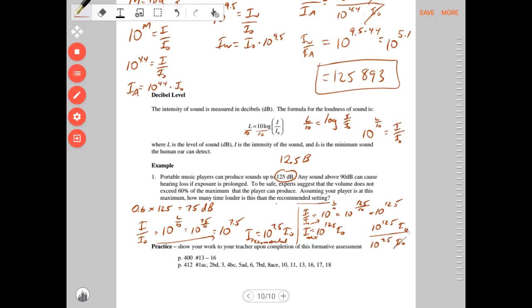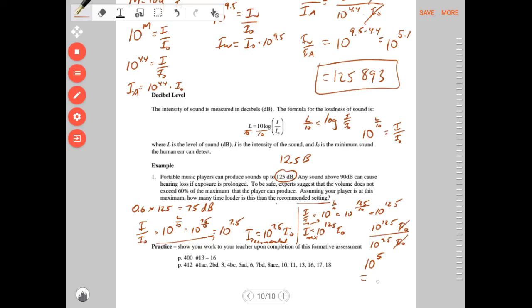Well, hey, the I0s just cancel again, and we end up with a nice little exponential again, and we just subtract exponents, so 12.5 minus 7.5 is 5. So what this means is that the portable music player can play music that is 10 to the 5 times stronger than the experts say is recommended for our ears.